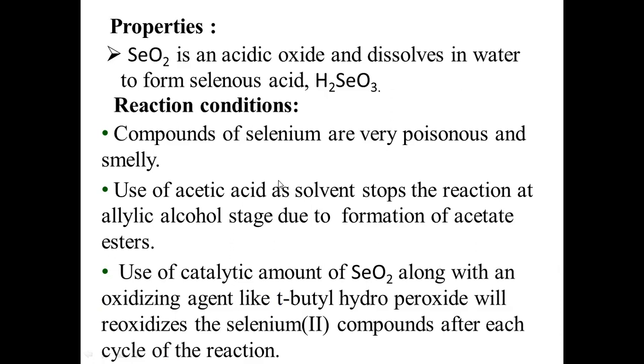But to stop the oxidation at allyl alcohol formation, that means if you want to control the oxidation, then we have to use acetic acid as a solvent. If you use acetic acid as a solvent, soon after the formation of allyl alcohol, that allyl alcohol will convert into an acetate ester. Thereby, it will not further convert into the alpha beta unsaturated carbonyl compound.